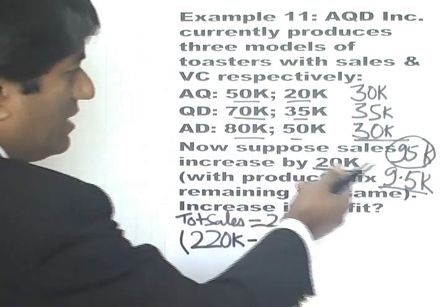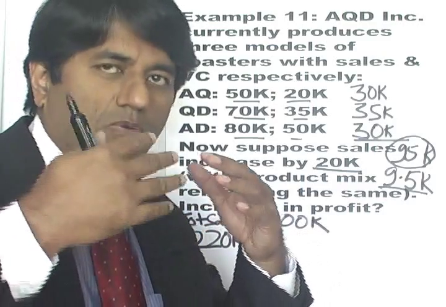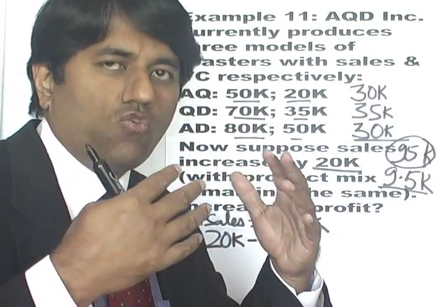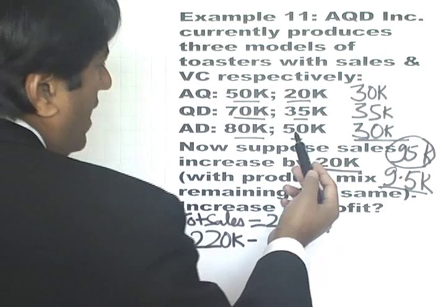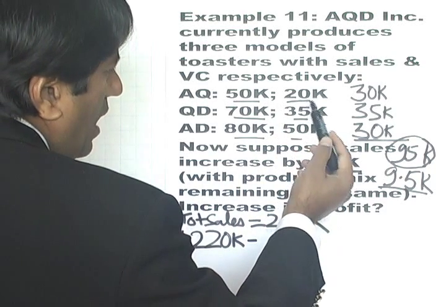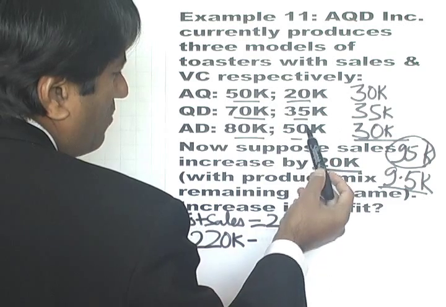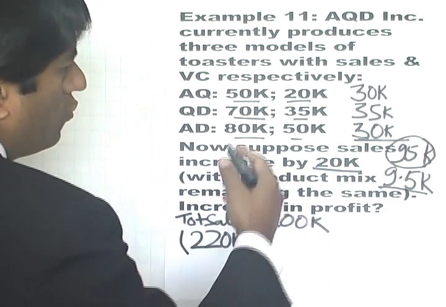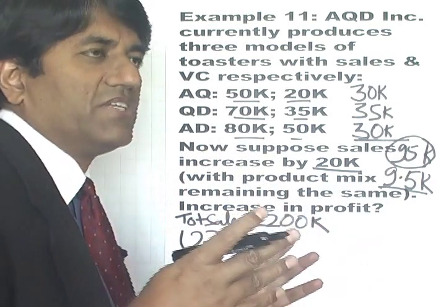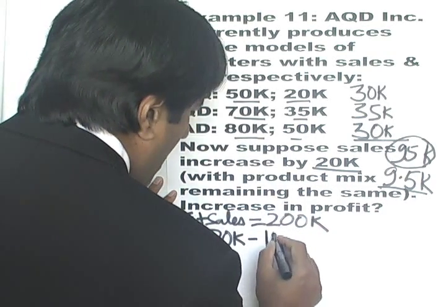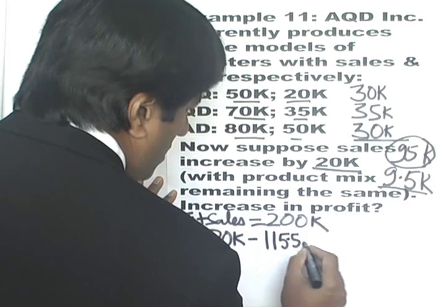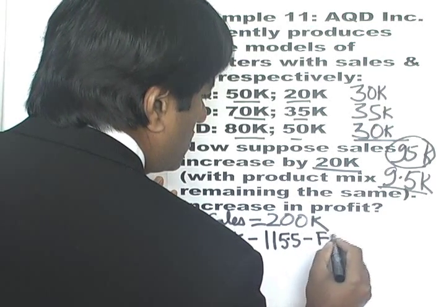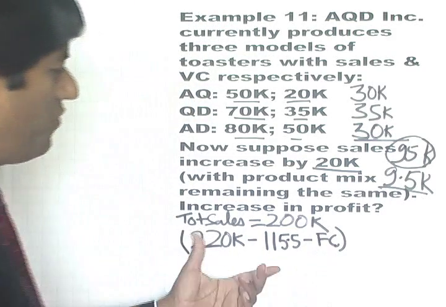Now if sales increase by 10%, then variable costs will also increase by 10%, because the total variable costs are proportional to the amount of output. So this is going to increase from 20 plus 35 plus 50, that's 105, to 105 plus 10%, so that's going to be 115.5, minus fixed costs. So this is the new level of profits.